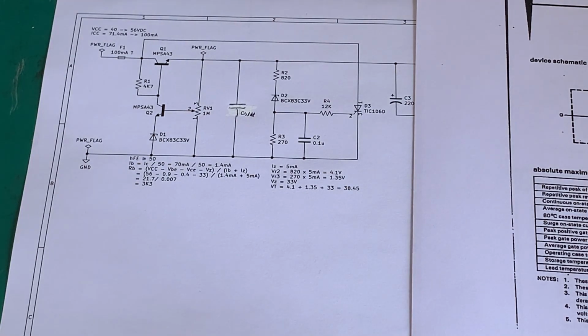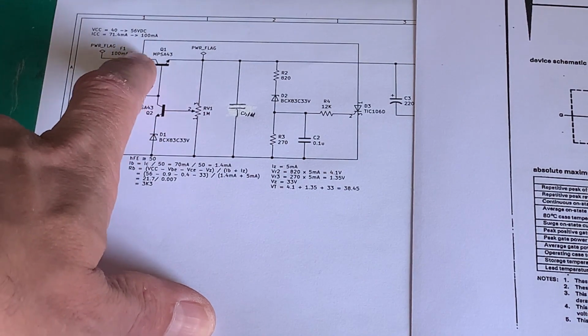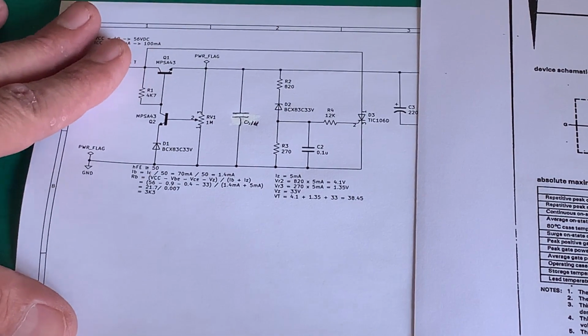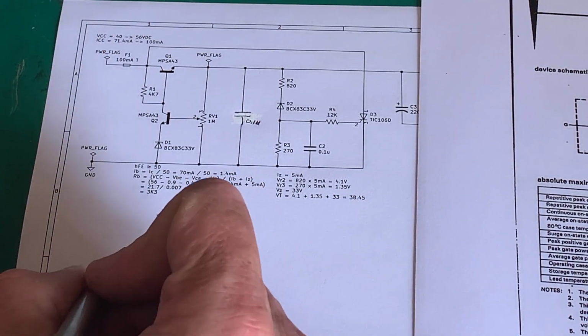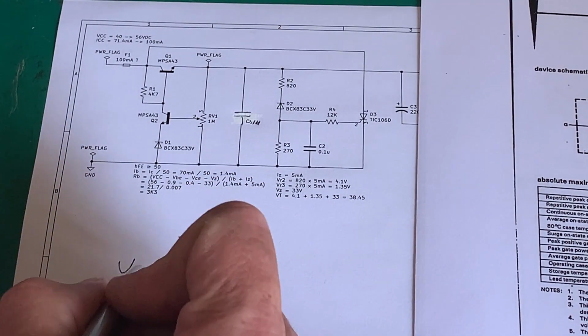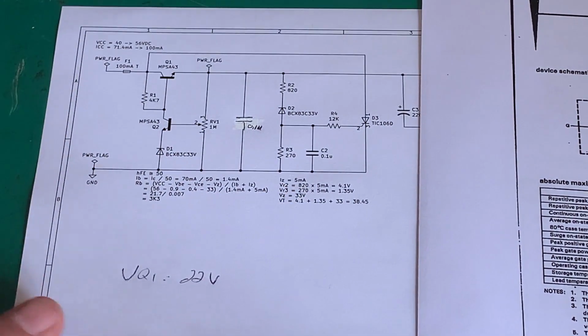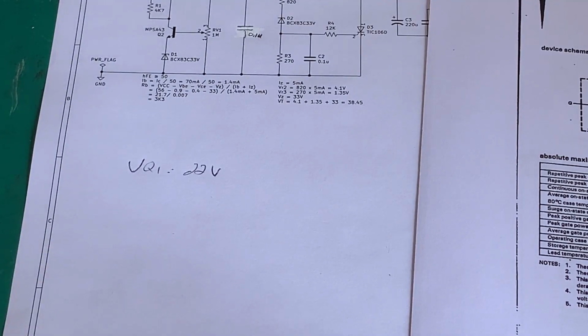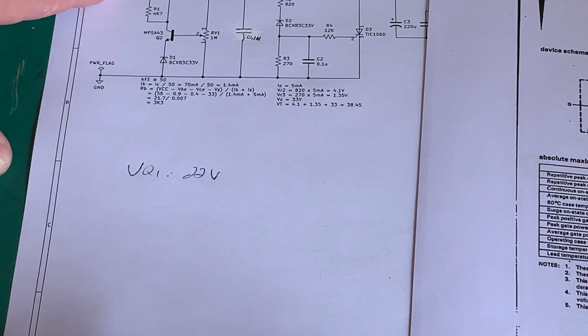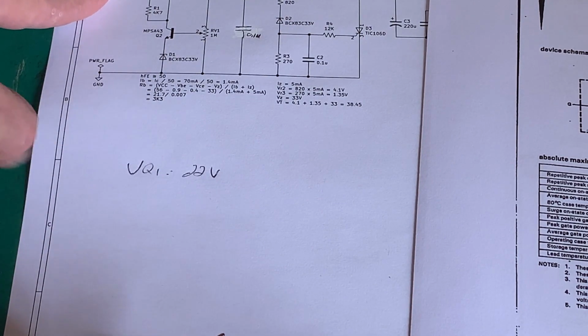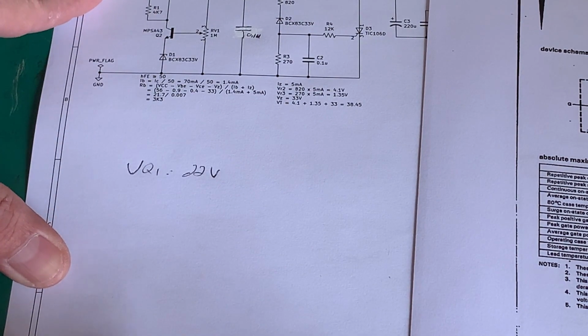If we think of it, it's roughly what, 22 volts drop across there. So we're going to call it VQ1 is 22 volts that we are dropping, and we said we want to feed 71 milliamps, and that's typically the load that I want to drive with a bit of headroom.